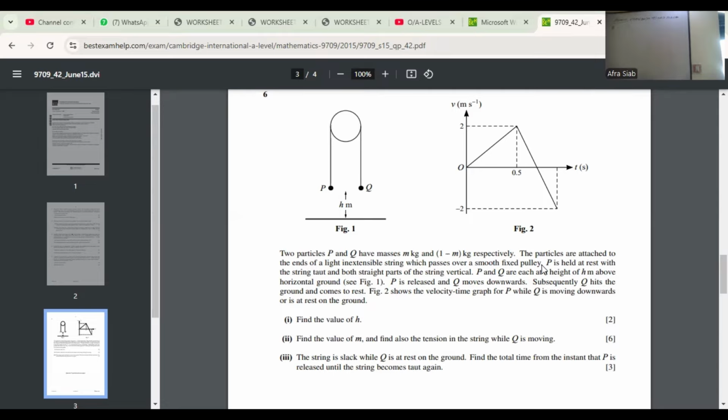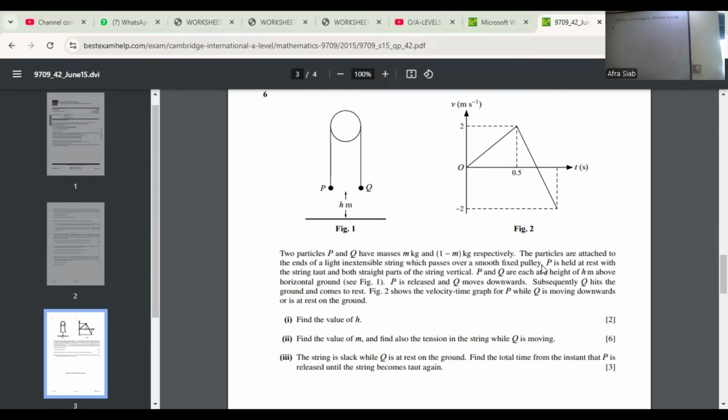Subsequently, Q hits the ground and comes to rest. Particle P is shown in figure 2, a vertical velocity-time graph of P and Q moving downward, and Q is at rest on the ground there. Find the value of h, find the value of m, and also find the value of the tension in the string while Q is moving.